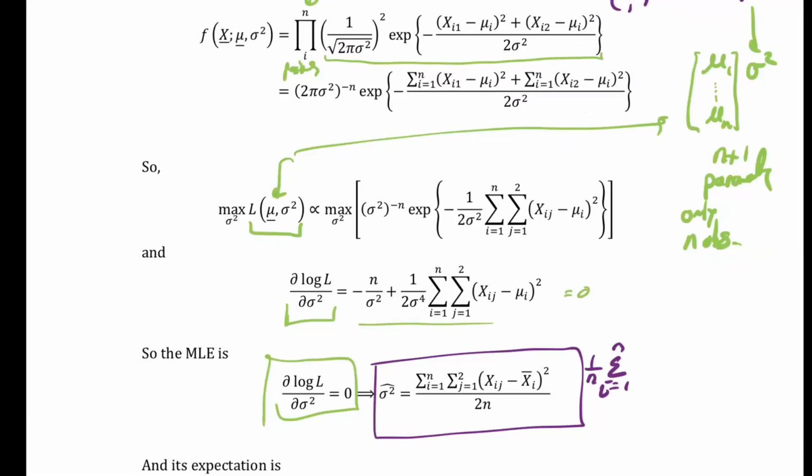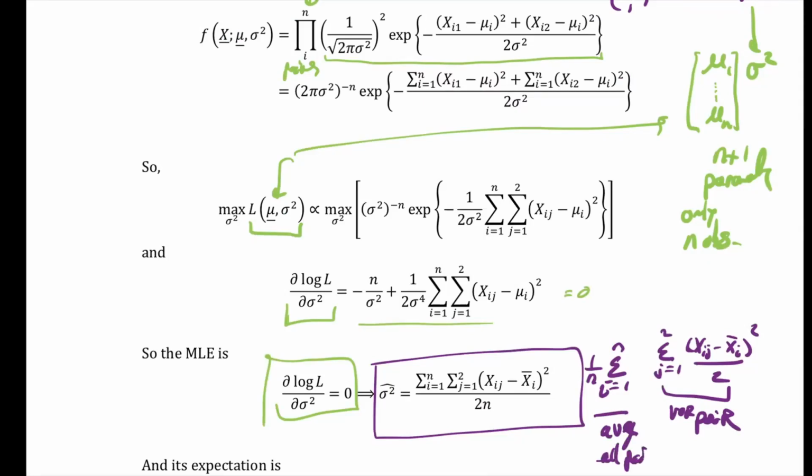And then there is a sum from j equals 1 to 2 that's inside the pair, of (x_ij minus x bar i) squared over 2. So basically this is the variance for the pair, and then I'm taking the average over all pairs.